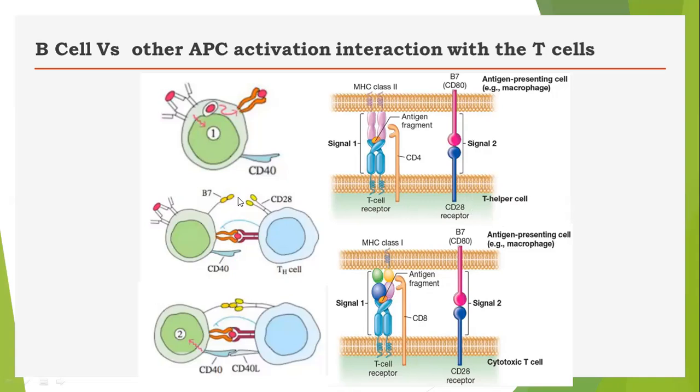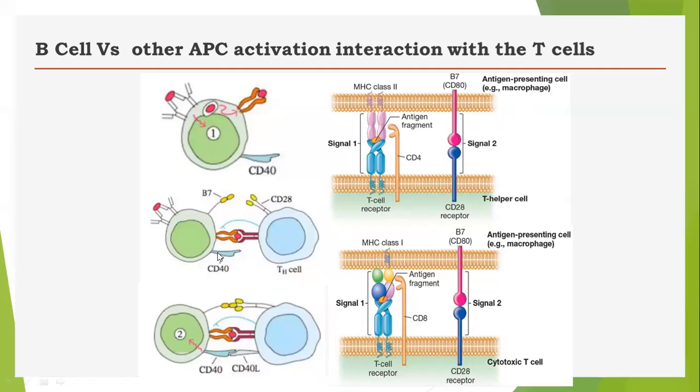However, on the B cell, the signal transduction in terms of the second stimulatory signal is being initiated through that of the CD40 and CD40 ligand on the T cell. So here again, I repeat that with other co-stimulatory molecules such as the B7 and CD28, signal 2 is initiated on other APCs such as the macrophages, the dendritic cells, and the neutrophils.